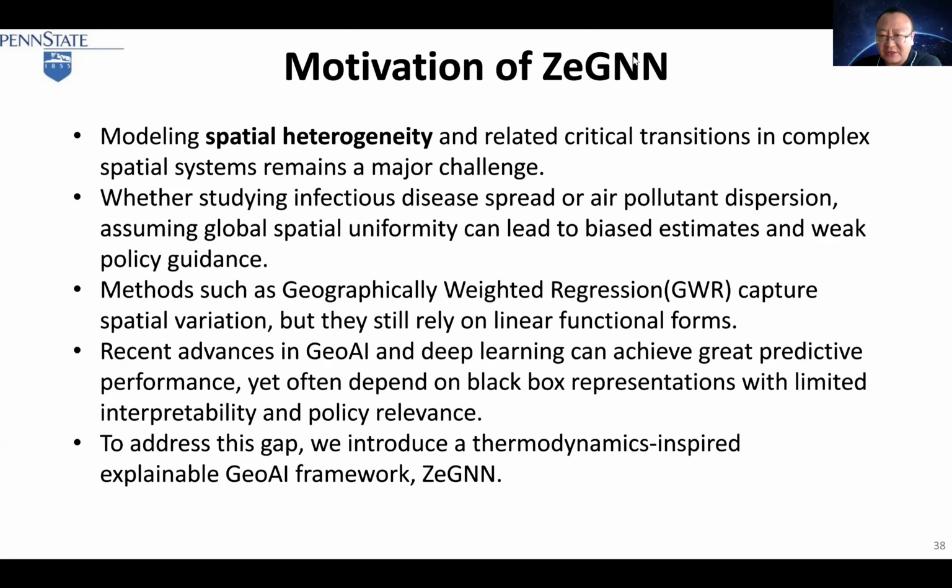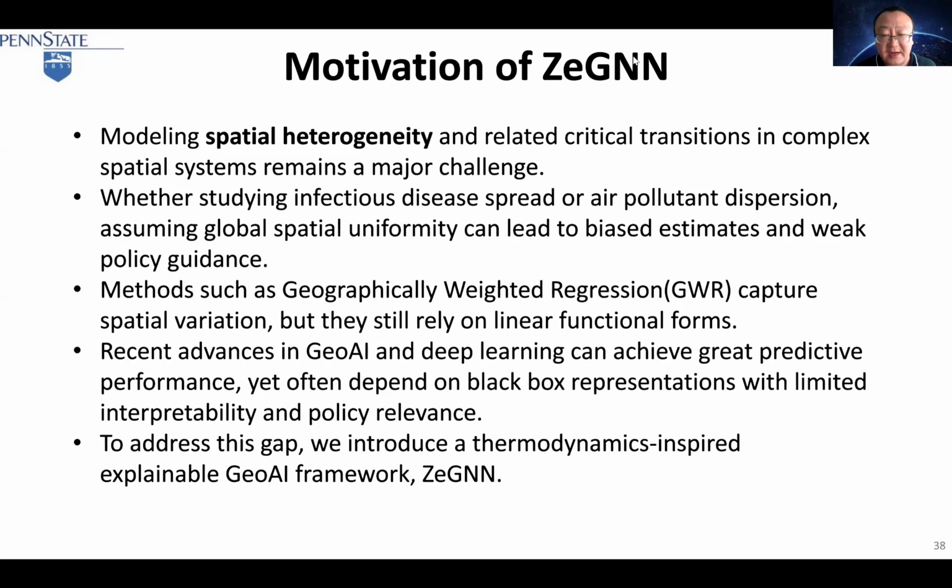Then for another location, you do another local regression. Finally, with all those regressions done, you capture the varying spatial relationships for different factors across the entire study area. So it's a local model, and it only works with linear functional forms, which treat linear relationships.